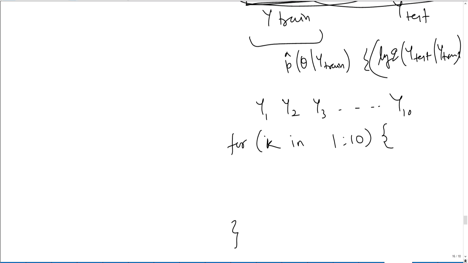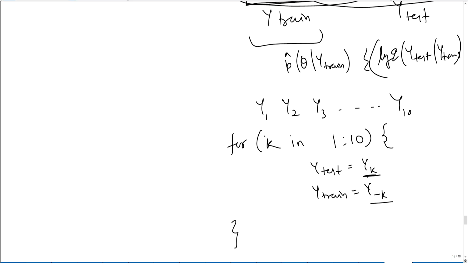In each loop, your test data would be y test equals y k, and y train is y minus k, that is, all data points except the data point y k.